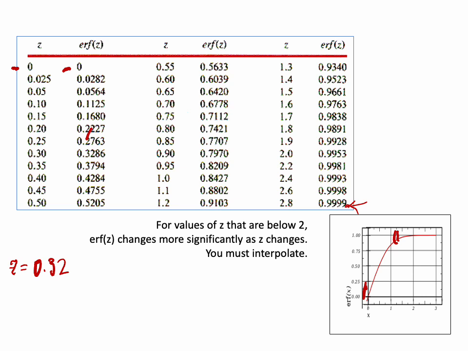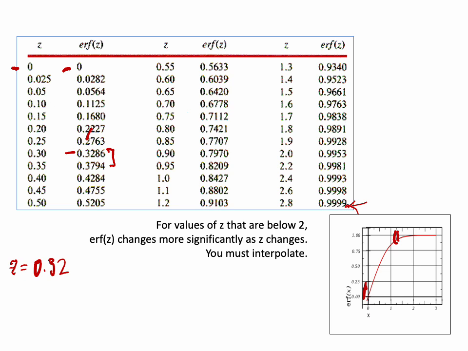Between 0.30 and 0.35, which is where 0.32 is, there's a pretty significant change in error function of z. So to say, oh, well, 0.32 is close to 0.30, I'm just going to use this value, wouldn't give you a very accurate value of error function z for your equation.